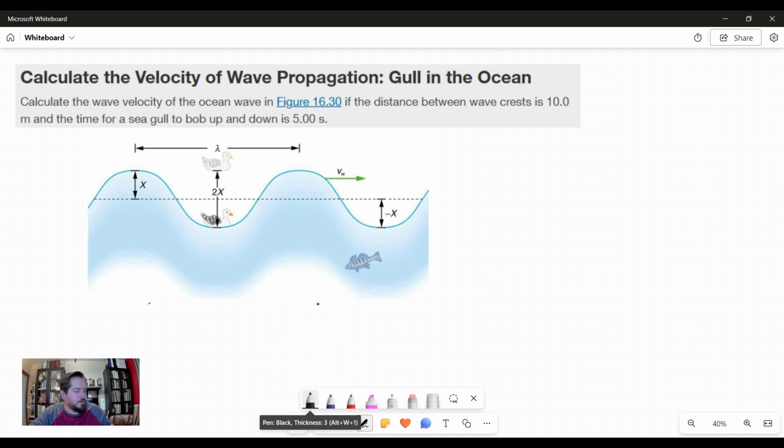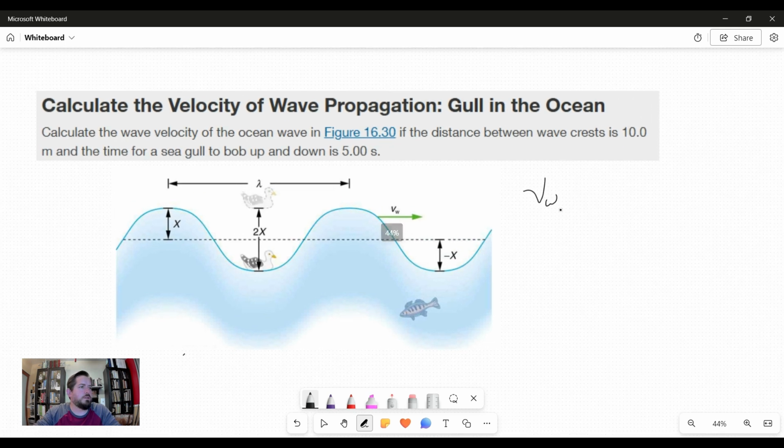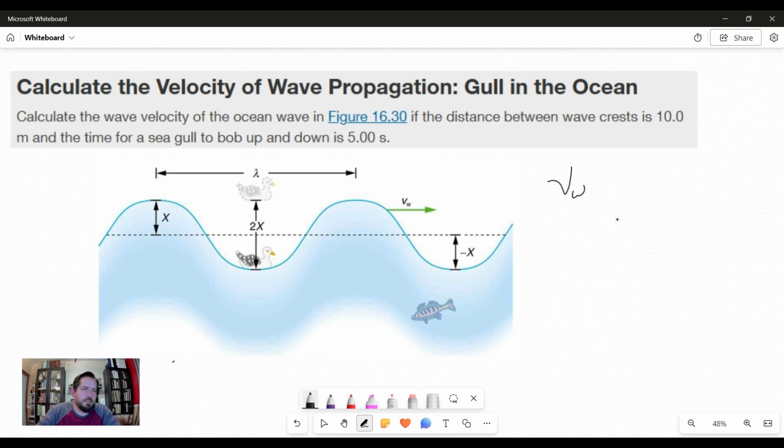All right, then we just have to plug this into that wave velocity is equal to lambda over T. And lambda is that distance here. It's the distance between one wave and the next one, which is given to us as 10.0 meters.